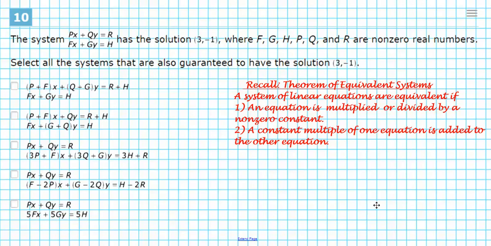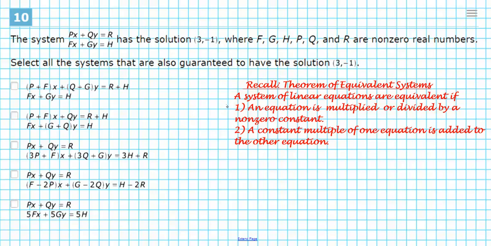So one thing you will like to recall for a problem like this is the whole idea of equivalent systems. There's an algorithm that's used to solve systems of equations by addition or subtraction. The whole idea is that a system of linear equations are equivalent, or has the same solution, if you have one of the equations and another equation that's multiplied or divided by a non-zero constant.